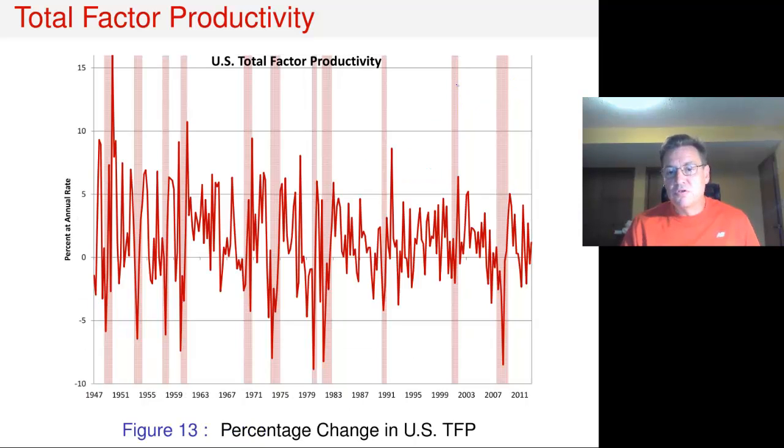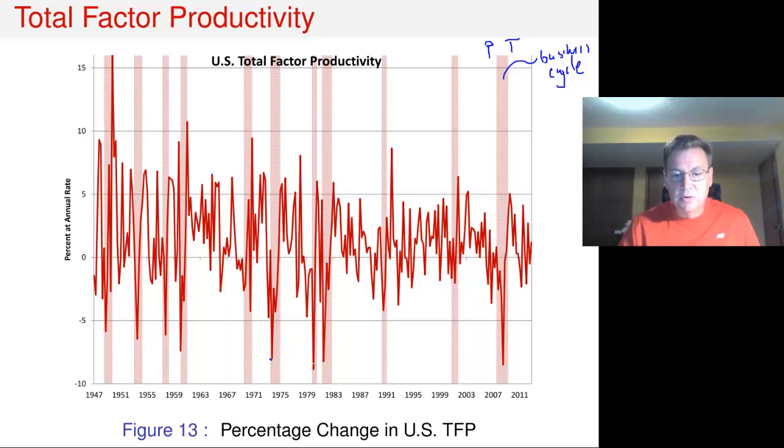This is just the percentage change in total factor productivity, and it's shown relative to these recessions. So the beginning of a shaded area is a peak, and the end of a shaded area is a trough. So this is a business cycle. And what you see is that TFP tends to bottom out at the early part of a recession.